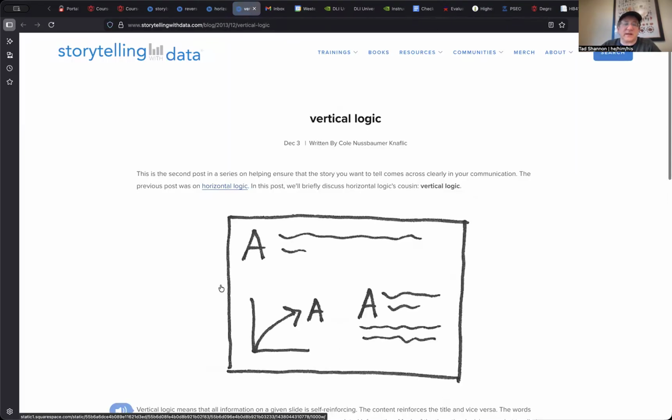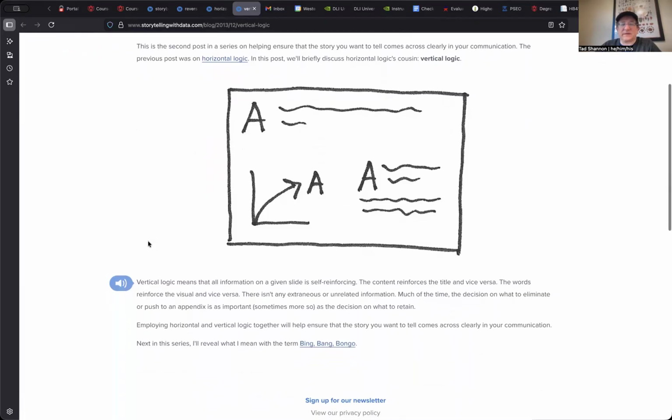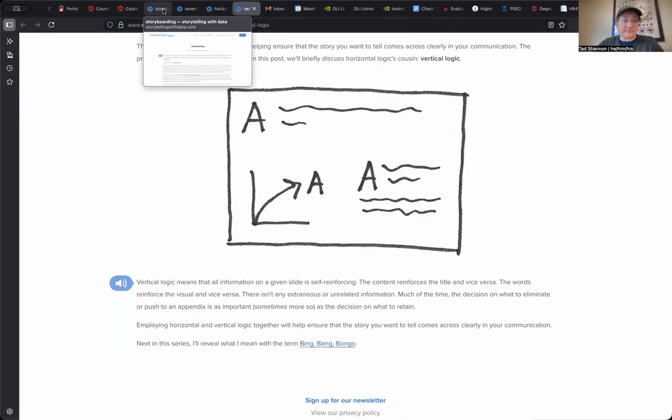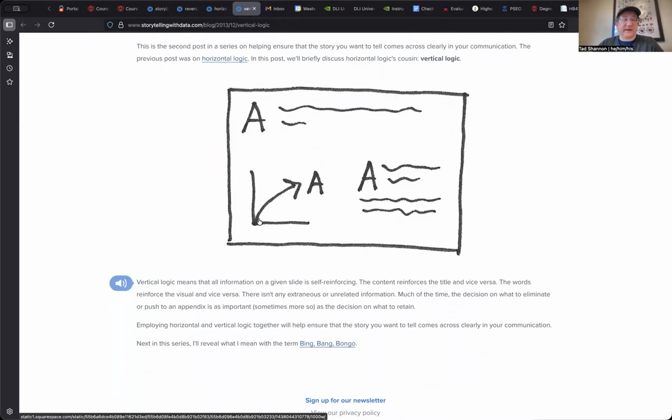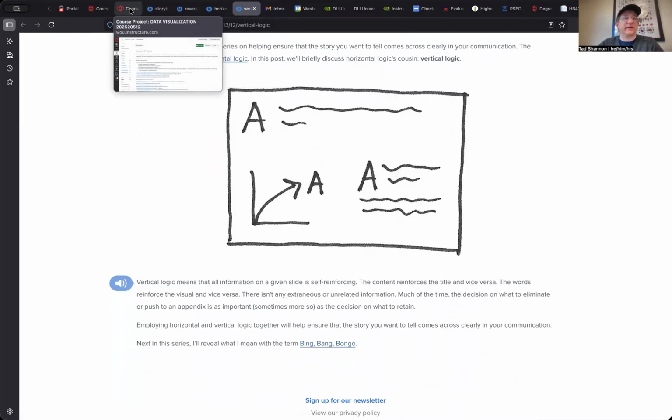This is as opposed to vertical logic, where you're actually thinking about what's going on in a particular slide, in a particular image or chart that you've created. How does it relate to what's going on? How does it relate to itself, the different elements there? So that's horizontal, looking across the range of things in your storyboard, and then the vertical, which is actually drilling down. So again, tips, little inspiration, some other links you can follow here.